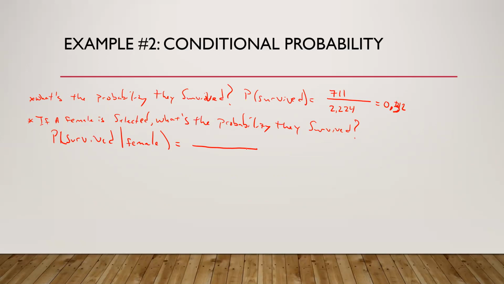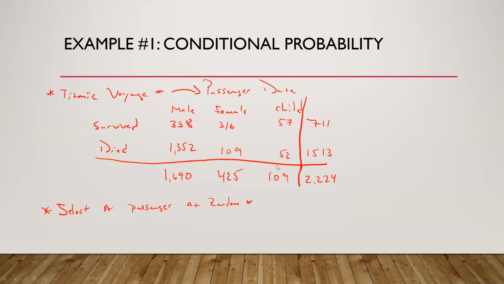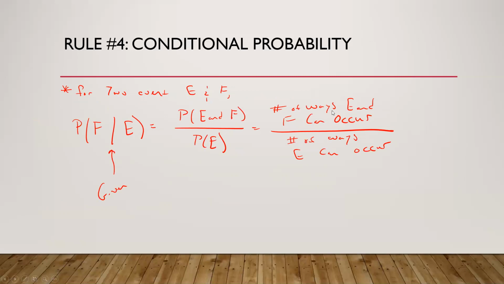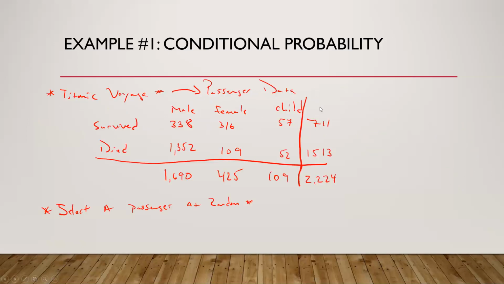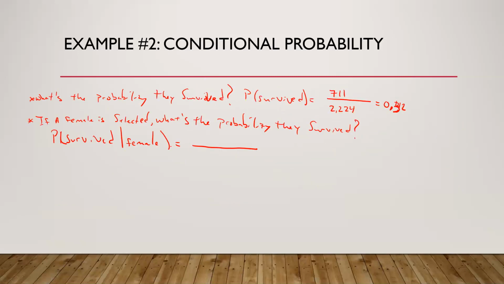So just using this formula here, it's the number of ways both can happen. So it's the number of females who survived, divided by the second part here, the number of females.